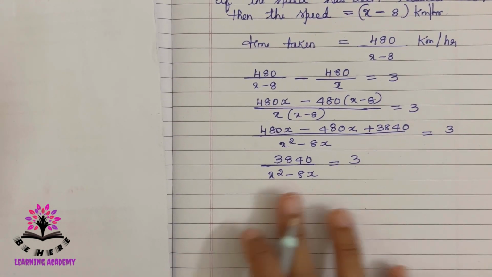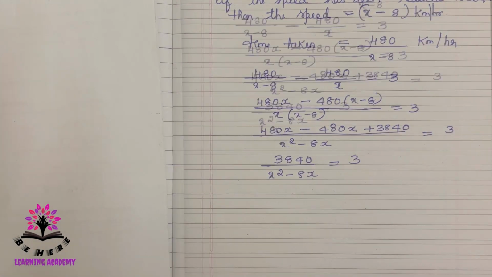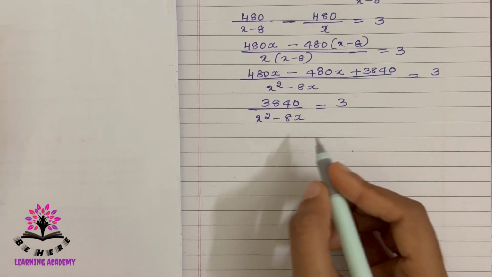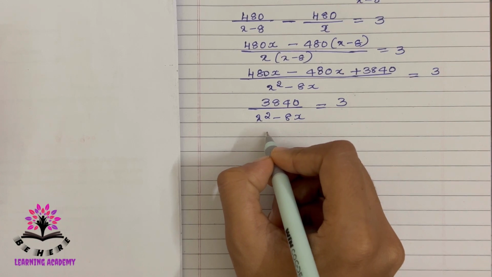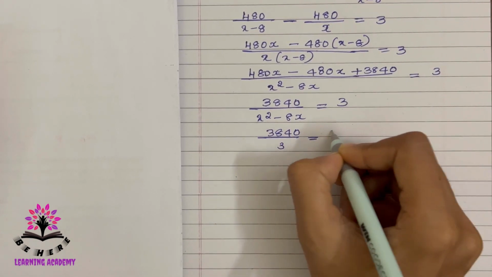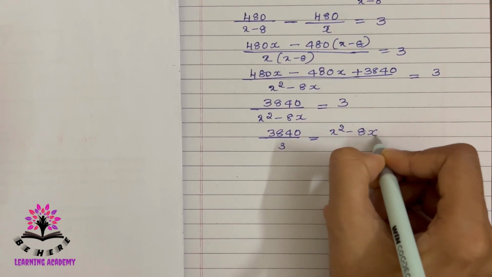So let me write it in the general form now. Here let me just interchange the terms just to write it in the general form. I will write it as 3840 divided by 3, that will be equal to x square minus 8x.